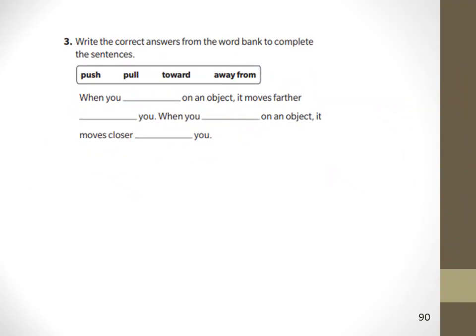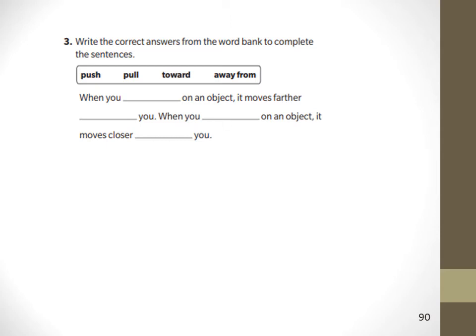We are still on page 90. My lovely students, try to solve number 3 by yourselves. You can pause the video, solve this question, then check your answers with me. Write the correct answers from the word bank to complete the sentences. Let's read the 4 choices together.